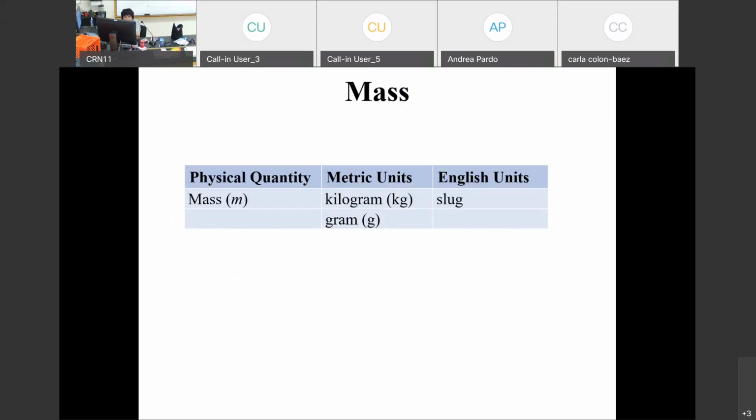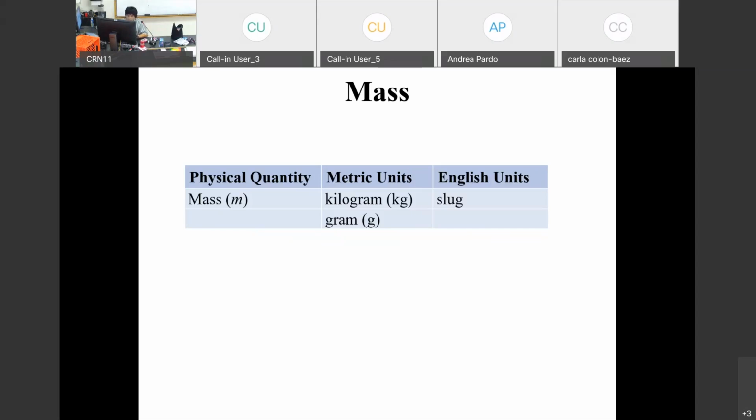Who can tell me what's the difference between mass and weight? Does anybody know what's the difference between the mass and the weight? If you guys did chemistry before, you will know, but if you didn't, let's just say that mass is the amount of matter anything can have.